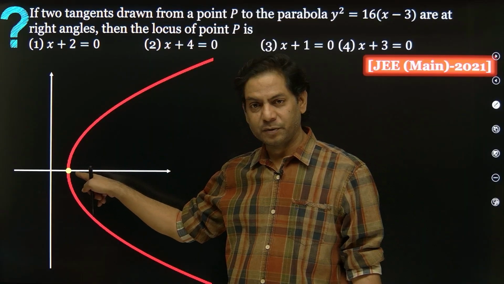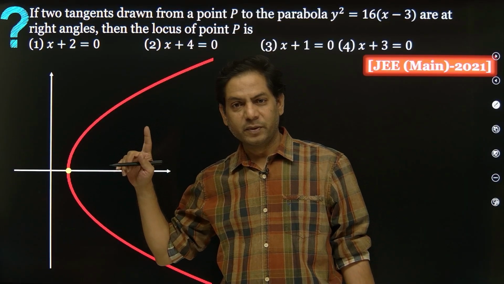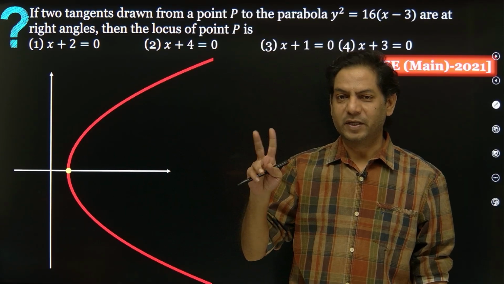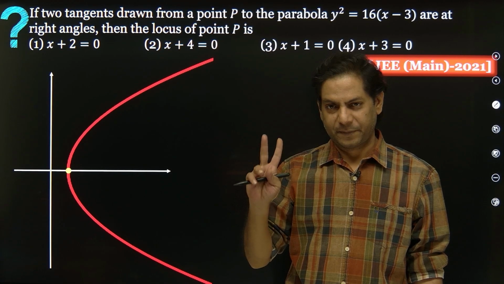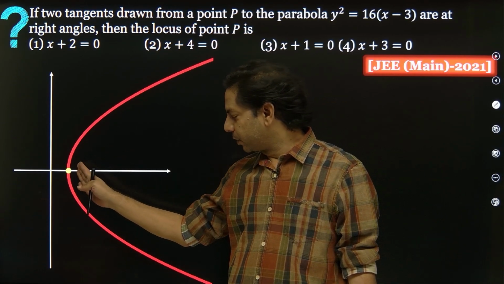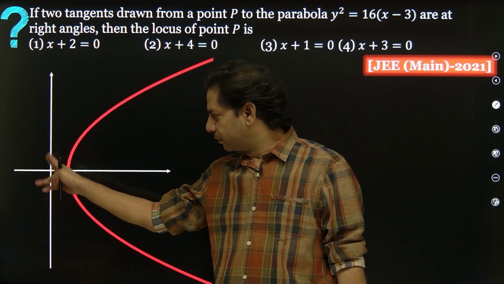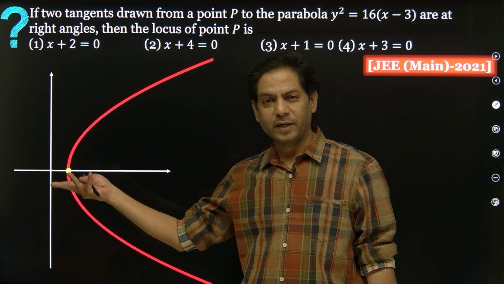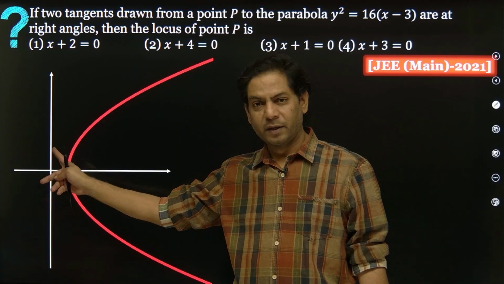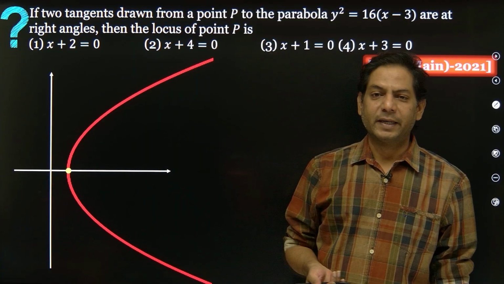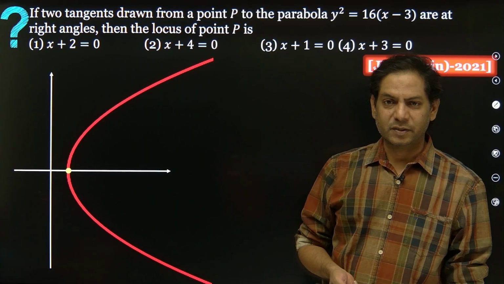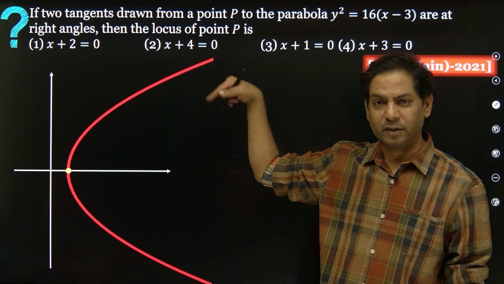This is 3, 0. And y square is equal to 16 a x, that means a is equal to 4. That means the directrix is going to be at a distance of 4 units on the left side from this point. So that will be 3 minus 4, which is minus 1. That means x is equal to minus 1 is the directrix for this, and all these points P will be lying on that directrix.